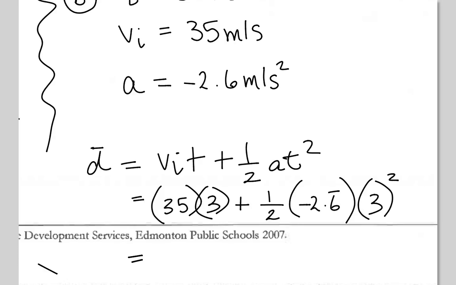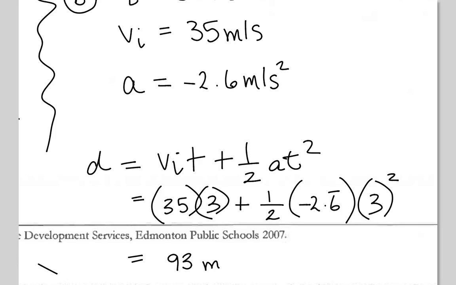Is that what we want? 35 times 3 plus 0.5 times a negative 2.6 times 9. Okay, I got 93. And displacement, oh, it just wants how far, so just a distance.